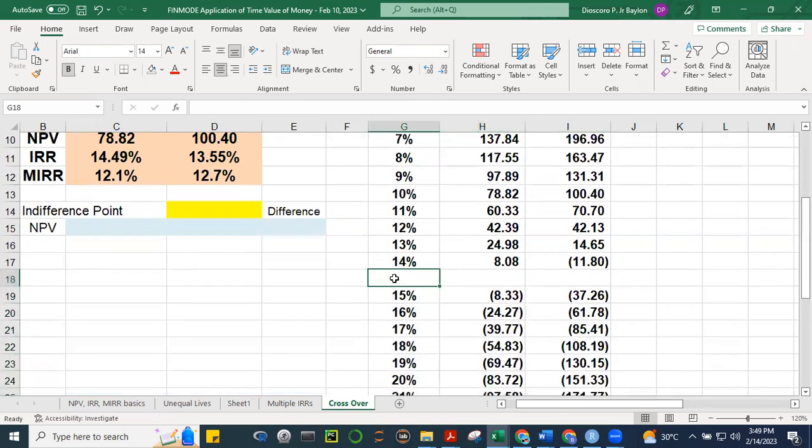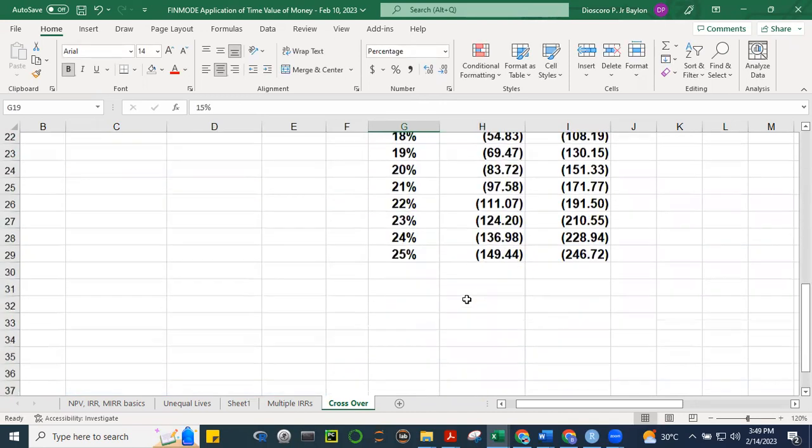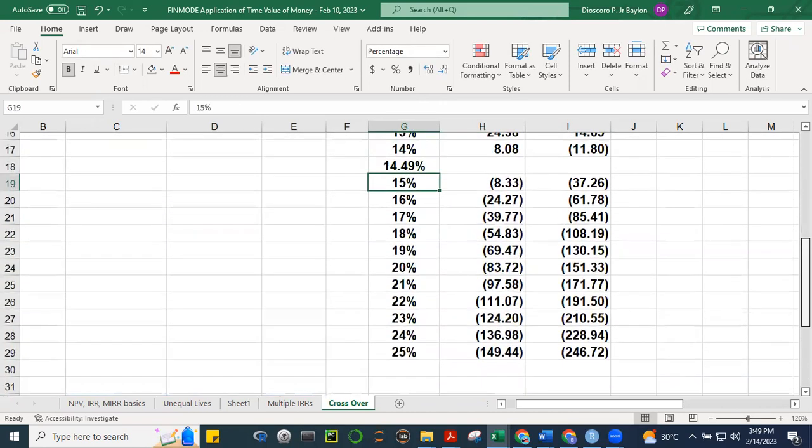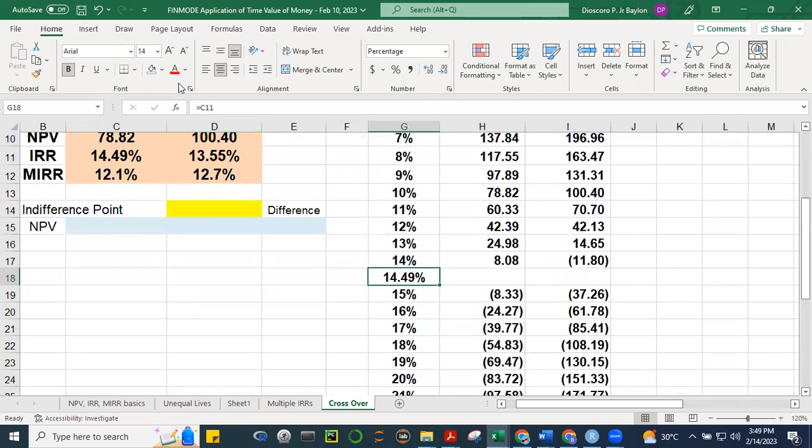Right? This is equal to this one, 14.49. So, lagyan ko to ng color. Okay, para alam ko na this is the IRR of S, no? And then I copy the formula here.